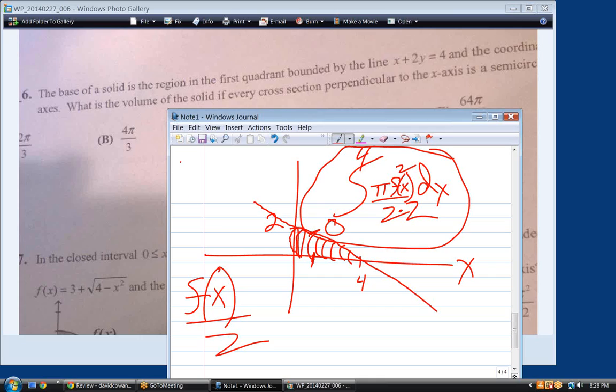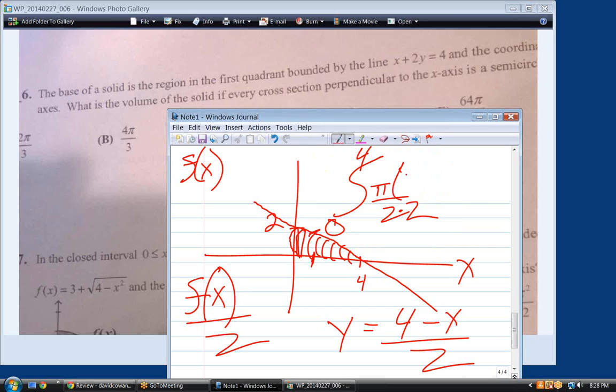Okay. So f of x is what? We need to figure out what f of x is. Well, that's the same as y, so let's solve this equation for y. Y is equal to 4 minus x divided by 2, correct? That's f of x. So I'm going to substitute that for f of x.